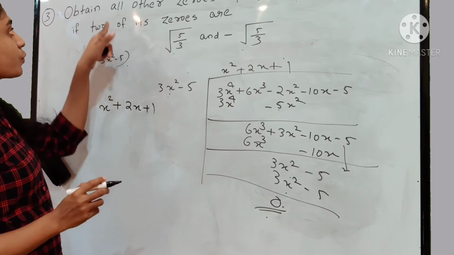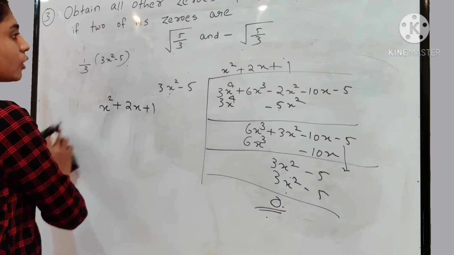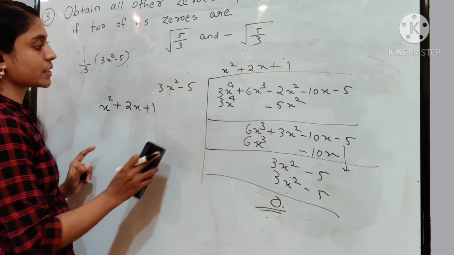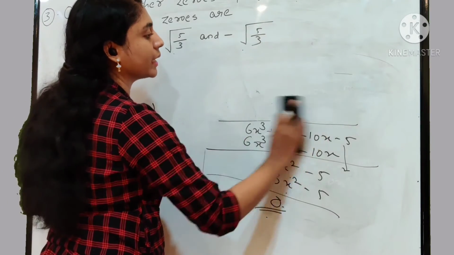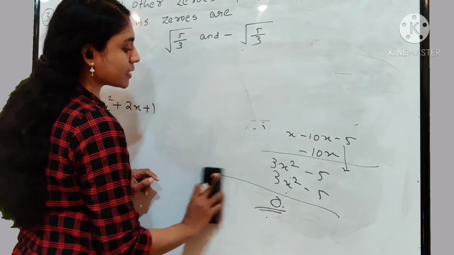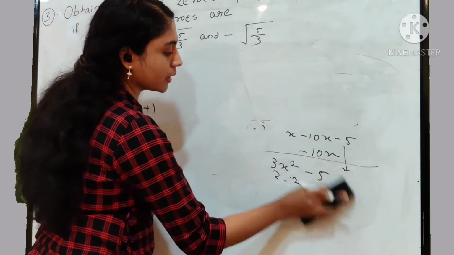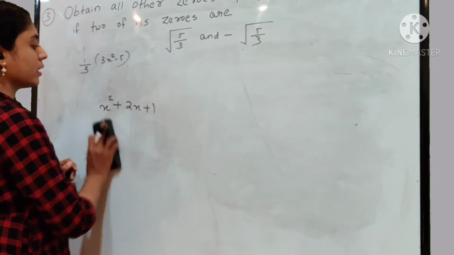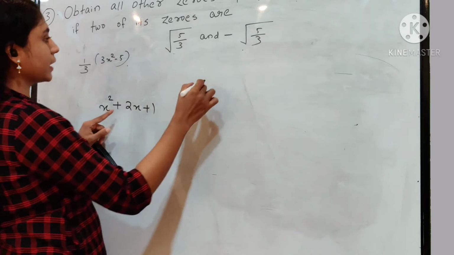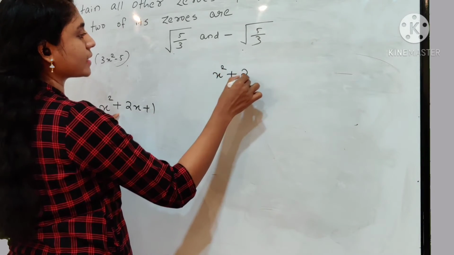So the question is to find all other zeros. We got the quotient x square plus 2x plus 1. Now how will we find its zeros? By splitting the middle term. We know how to split the middle term, we studied it in our earlier classes. So we can perform the middle term splitting method on x square plus 2x plus 1.